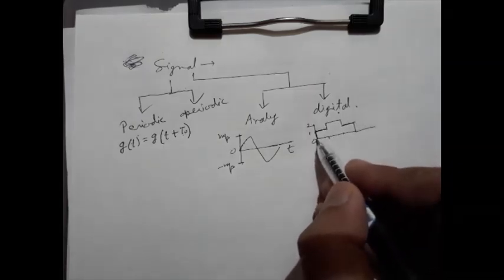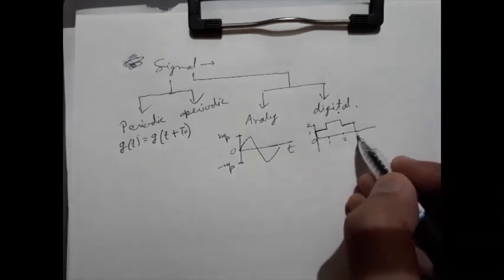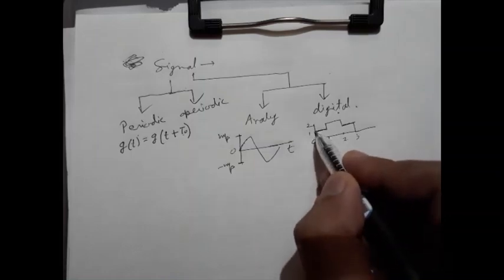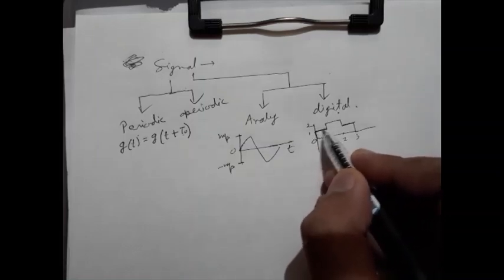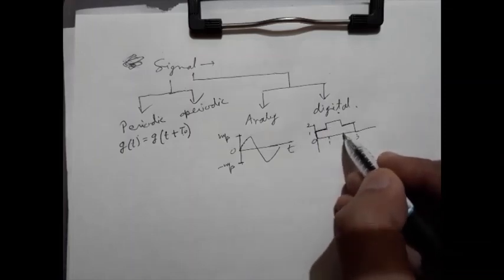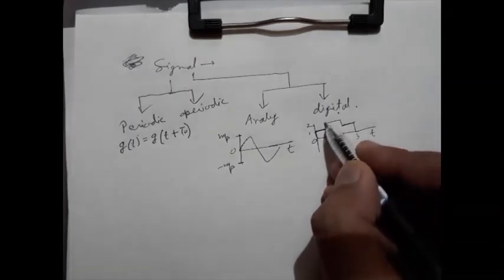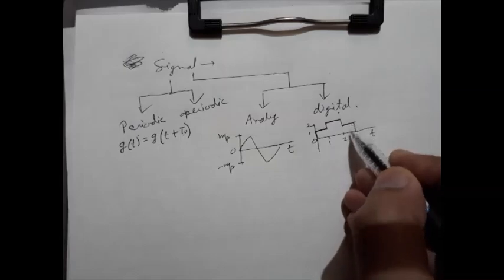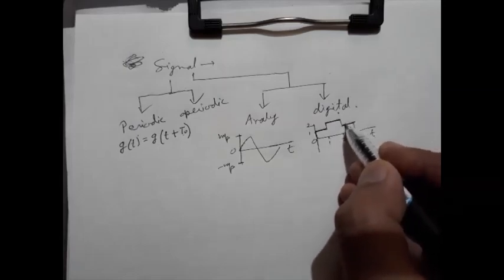From 0 to 1, the signal is at voltage 1. From 1 to 2, the voltage value is, say, 2 volts. From 2 to 3, the voltage value is again 1 volt.